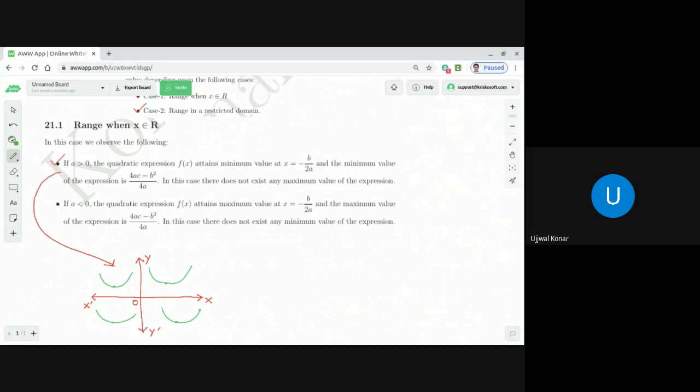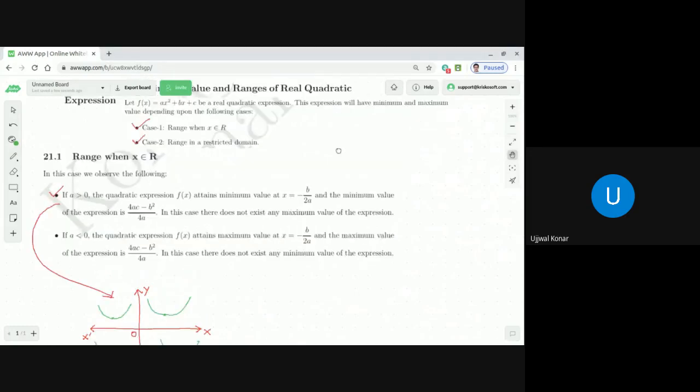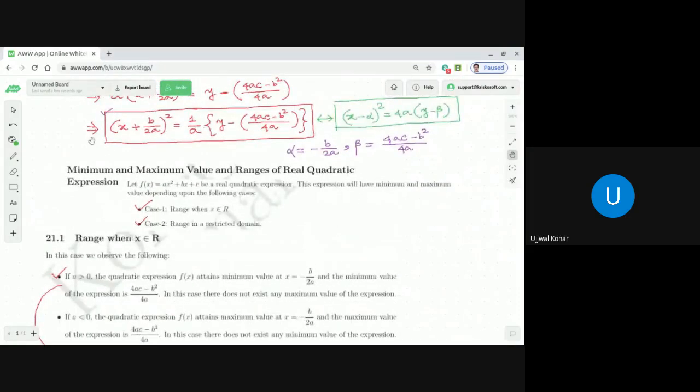Why flipped upward? Because a is greater than 0. And what is our equation? Our equation is this. Correct, no?